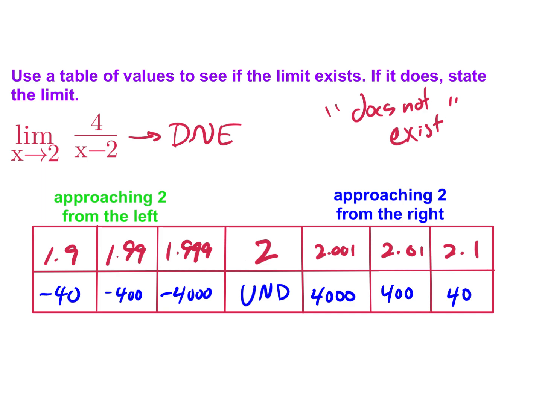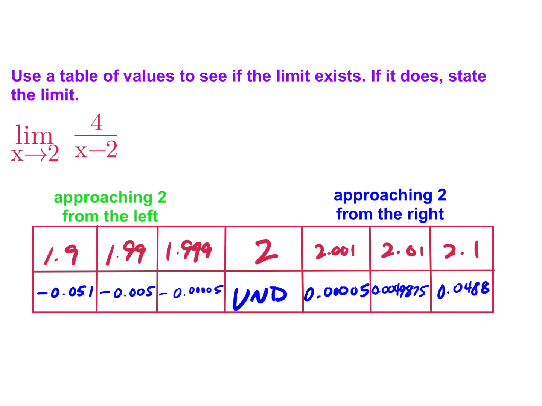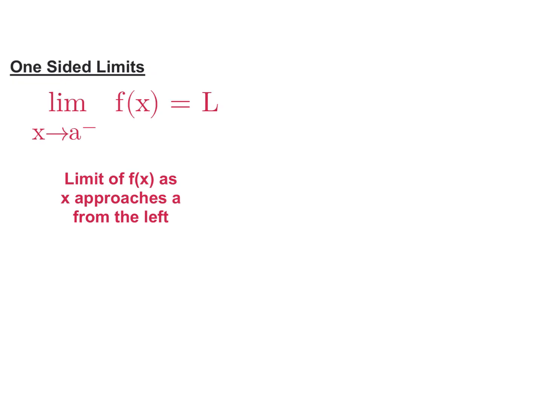And so here's what the notation for a left-hand limit looks like. x approaches a, and this negative sign is like a power. It's a superscript.